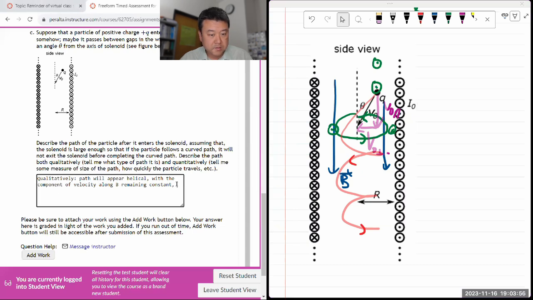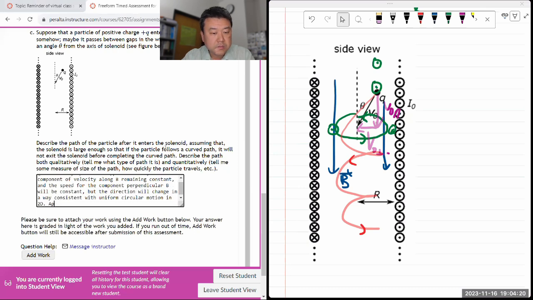Along the B remains constant, and the speed for the component perpendicular to B will be constant, but the direction will change in a way consistent with uniform circular motion in 2D.